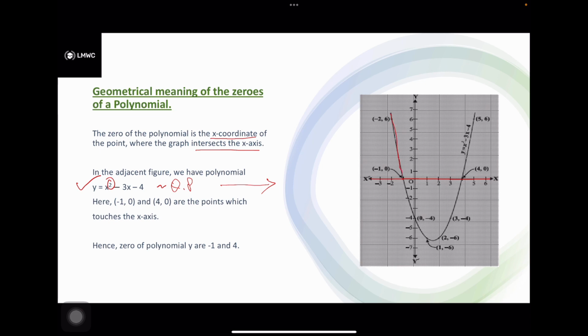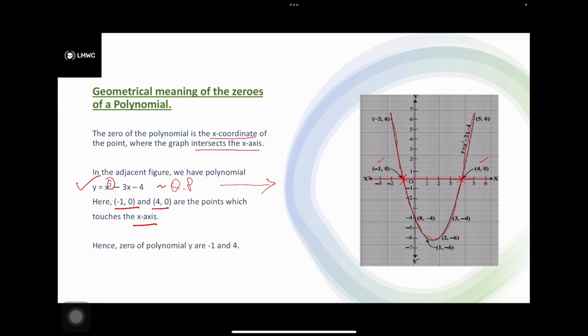If you look at this, it touches the x-axis here one time, and the parabola keeps on going, and again it touches the positive x-axis. So I can see that this parabola touches the x-axis one time over here, which is (-1, 0), and the second time the coordinate point is (4, 0). So these are the 2 points which touch the x-axis.